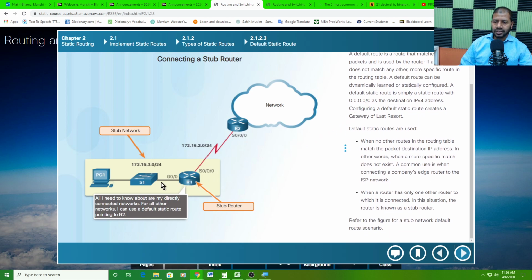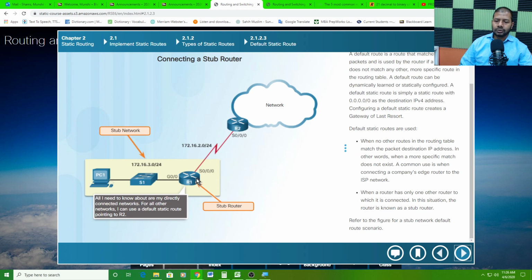Okay, next, a default static route. Look at this scenario here. Look at R1. R1 has one or more or many networks here. An example is this one. Fine, same example. But if PC1 from this network wants to go out to the internet, then R1 has to send that packet to R2. That's the only way to get out.